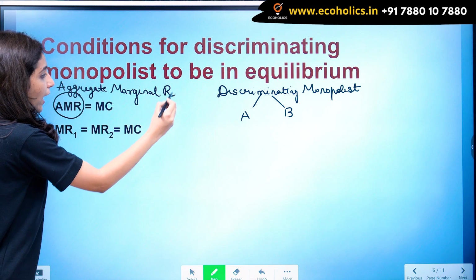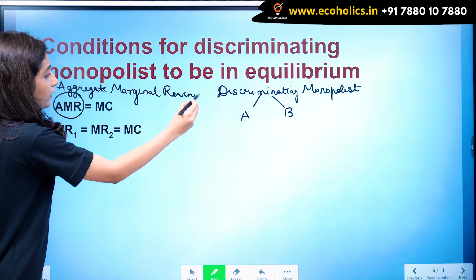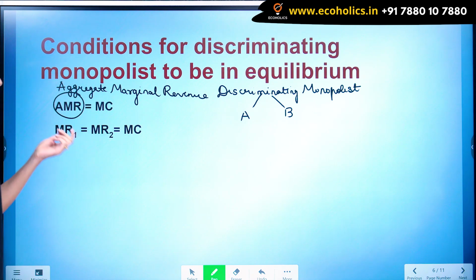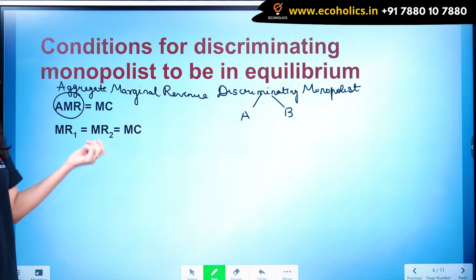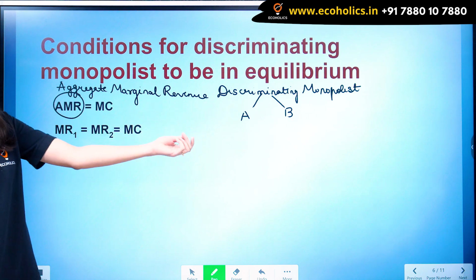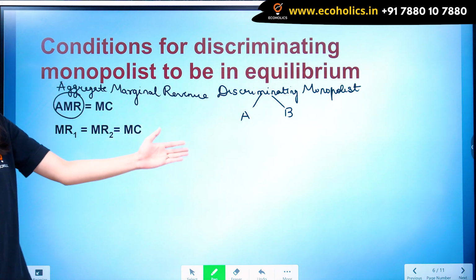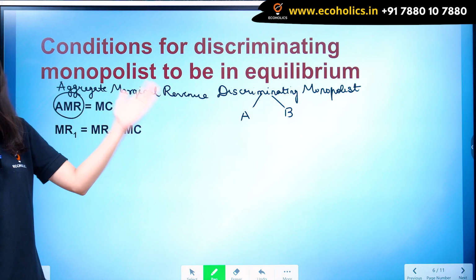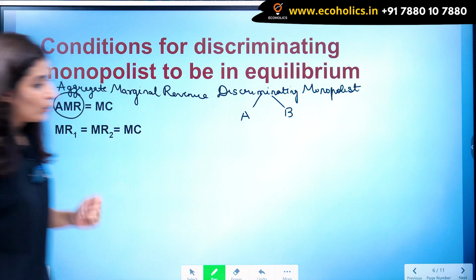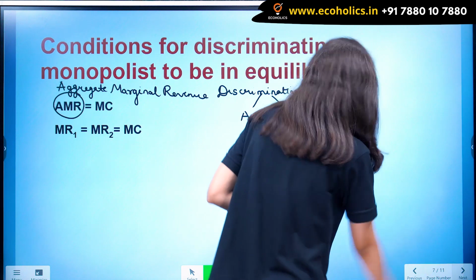So this is the aggregate marginal revenue in both the markets, and MR1 is the marginal revenue in market, let's say A, and MR2 is the marginal revenue in our second market, that is market B. So these are the two conditions for a discriminating monopolist to be in equilibrium. Now let's look at an example to understand this.